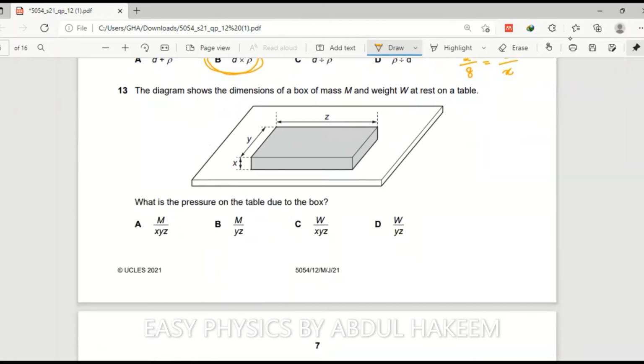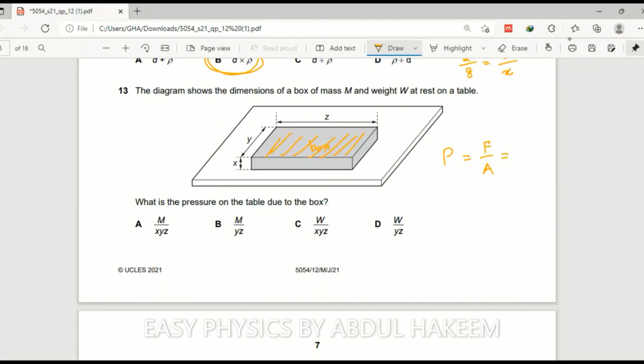Number 13: the diagram shows the dimension of the box of the mass M and the weight W at rest on the table. What is the pressure on the table due to the box? So the pressure is force divided by area. Now the question is how much force is exerted by this box? Definitely the force exerted by this box is equal to its weight, divided by area.